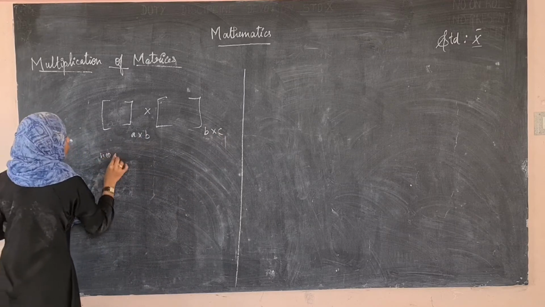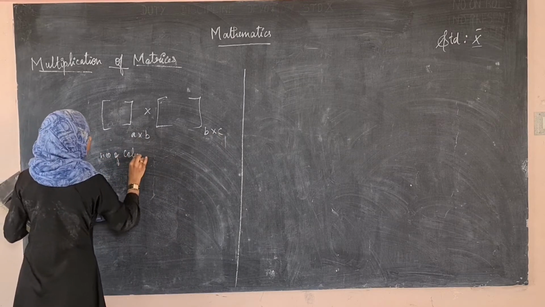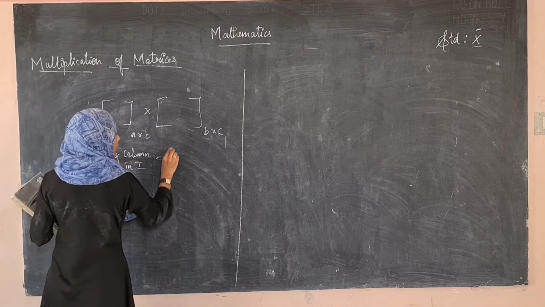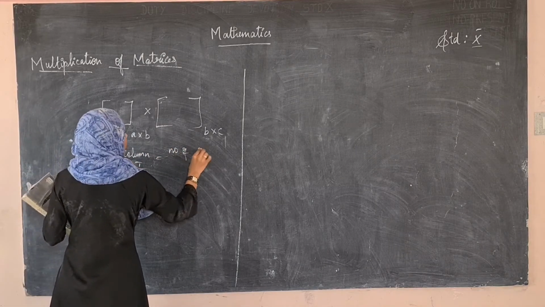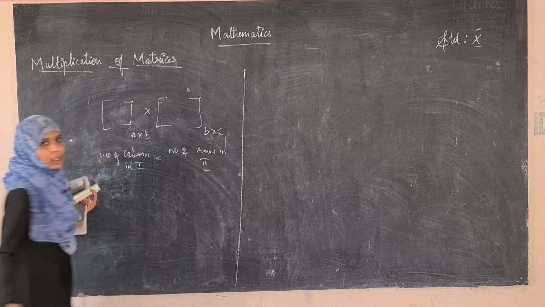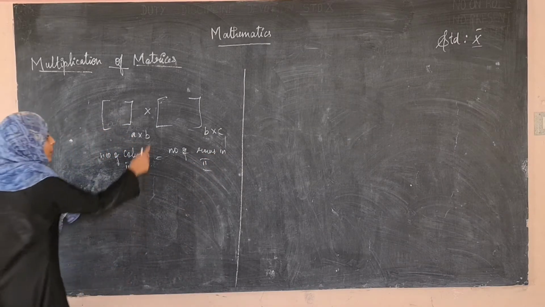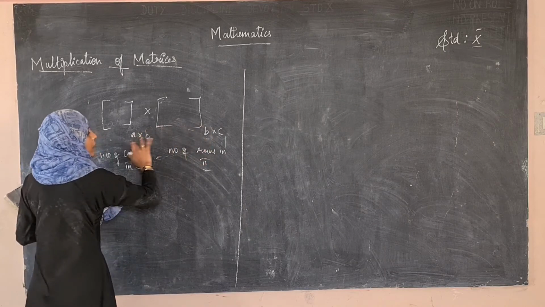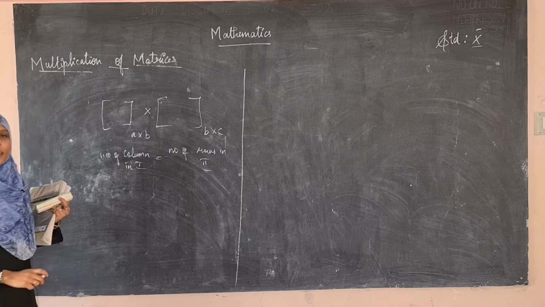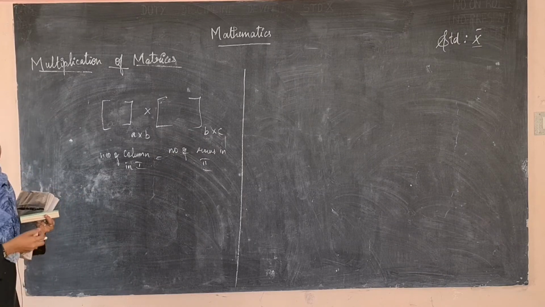So the number of columns in the first matrix should be equal to the number of rows in the second matrix. Okay, this should be the condition. That is, the last thing and the first thing in the order of these two matrices should be the same. If it is the same, then we can proceed with the multiplication of matrices.